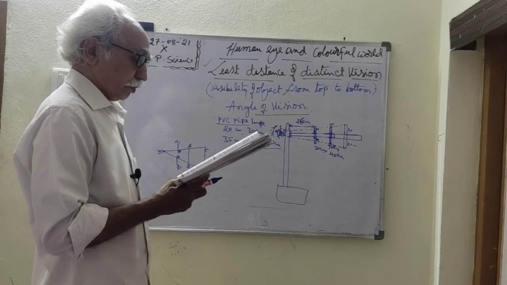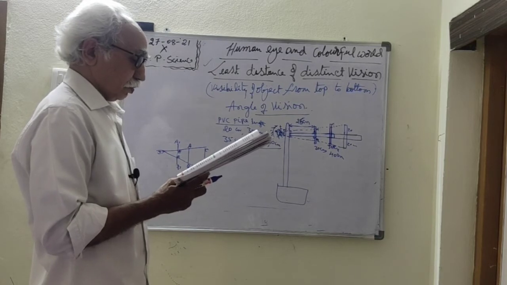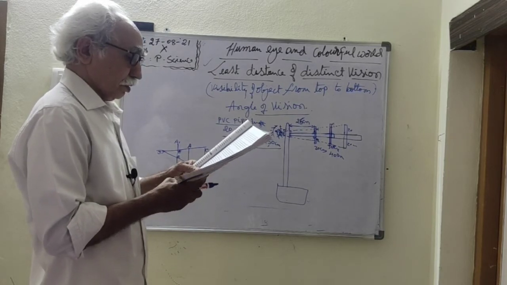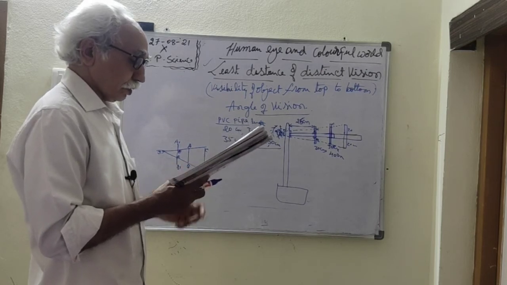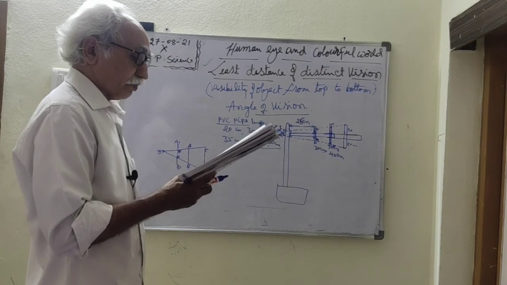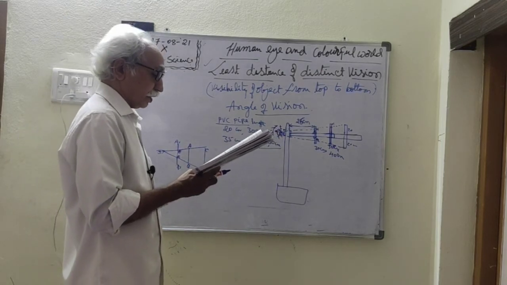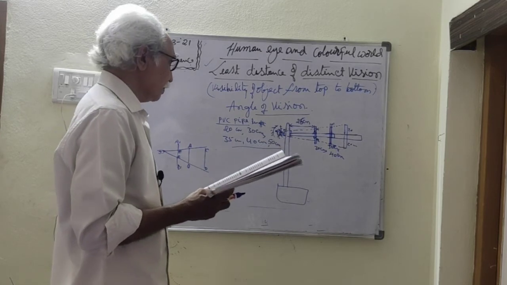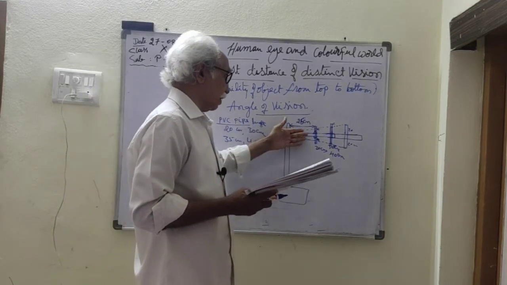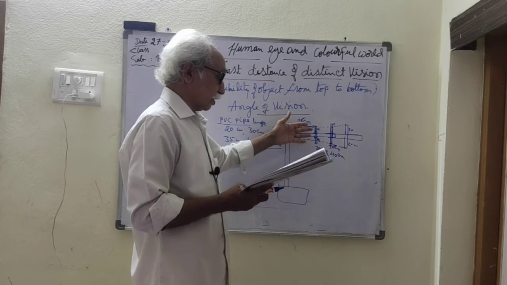If it is above 60, we can see only part of the object. So this maximum angle at which we are able to see the whole object is called the angle of vision. If the angle is less than 60 degrees, we are able to see the complete object.